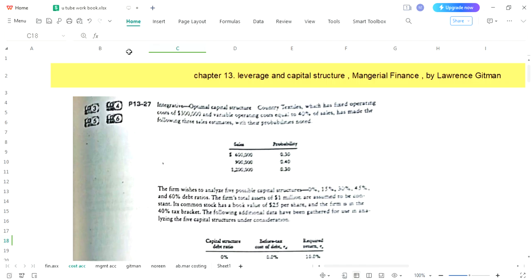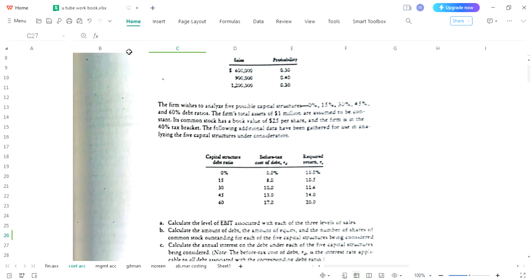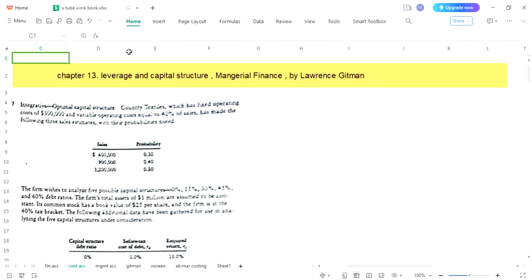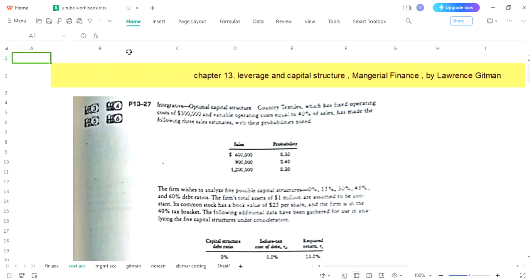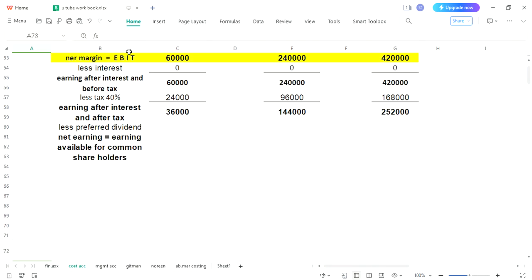Let's get back to the question and see if we have preferred dividend. You can see it is not present in the question, preferred dividend. So a little bit easier for us, and simply this preferred dividend would be mentioned as 0 over here, which will allow us to calculate final earning, which is net earning or earning available for common shareholders.